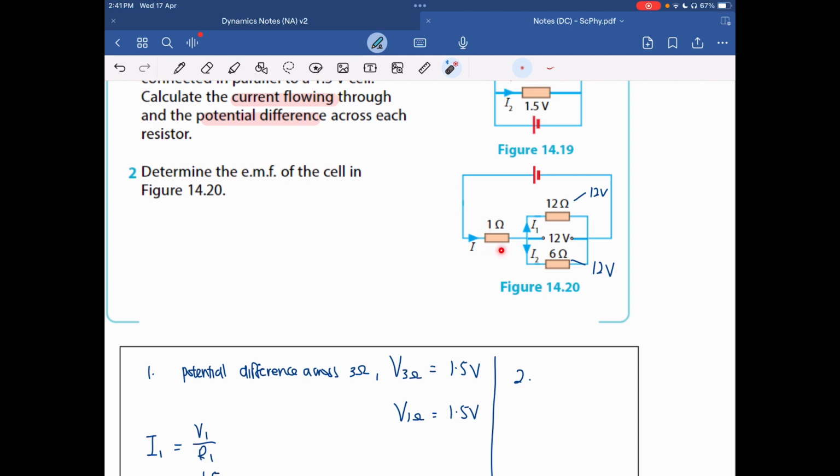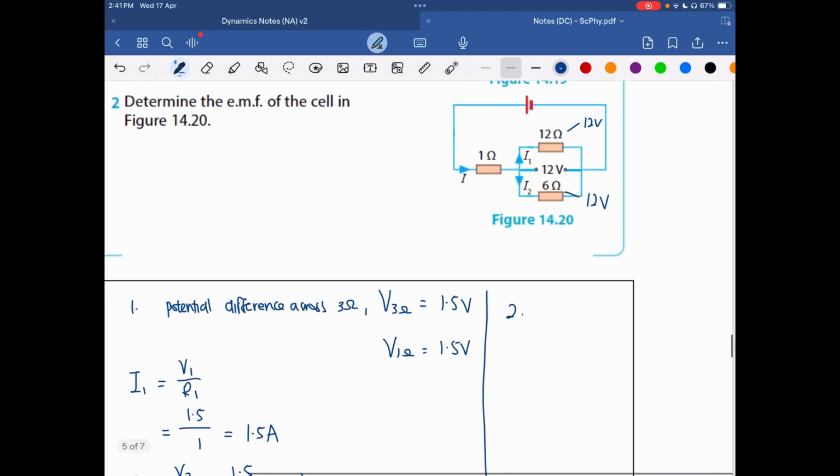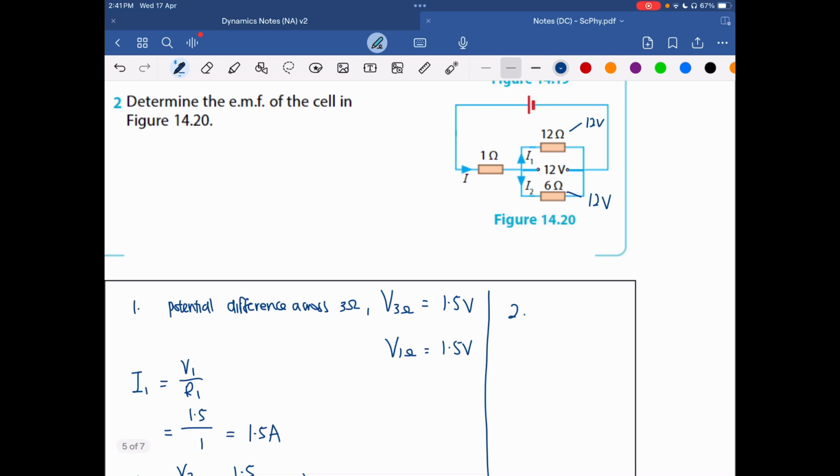Okay, so it may not be 12 volt. So part 2, I can find what is the current first running through. I should find what is the I1 and I2 first, so that I can find what is the current that's running through this particular component.